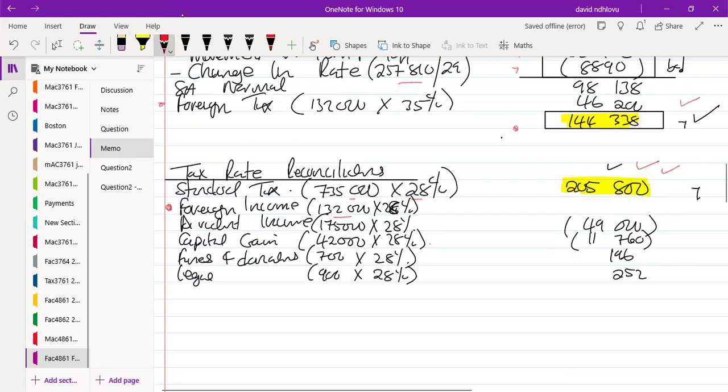So therefore, the difference is not the full amount, but whatever we get there minus what? 46,200. So 132,000 times 0.28 minus 46,200, right? It will give me a deduction of 9240. Right. Any questions on that, good people? Right. Are we on the same page?